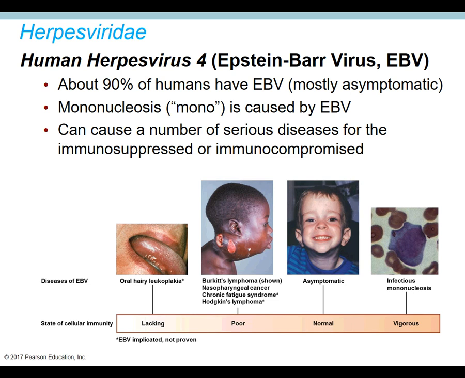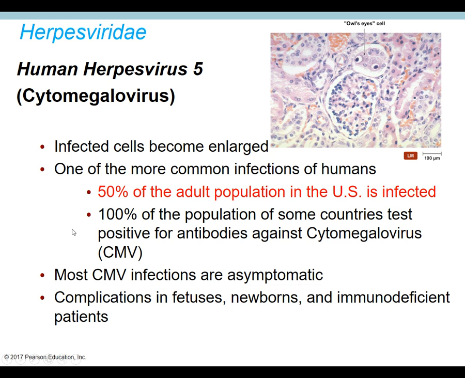We don't know why some people get the mononucleosis disease, but some people do. And just like a lot of things, things that are not very serious for you, if you're a healthy adult, can be very serious for immunosuppressed, immunocompromised, or very young children, or fetuses, pregnant women's fetuses.